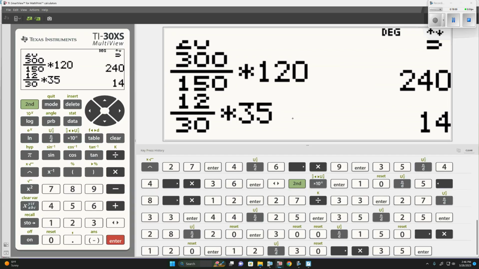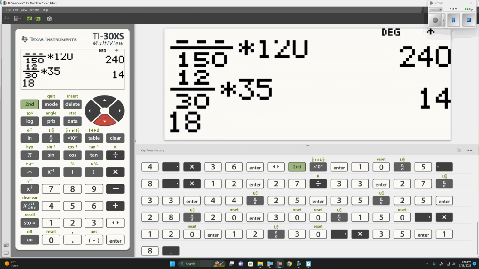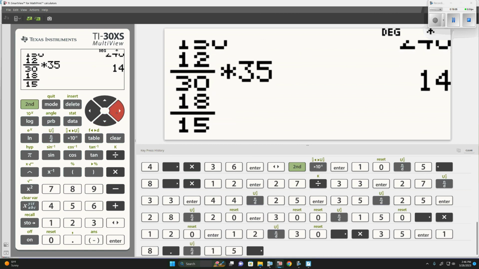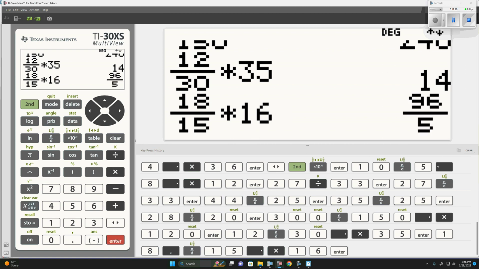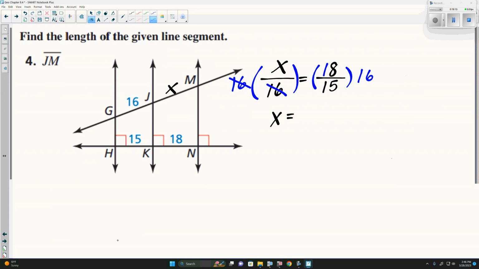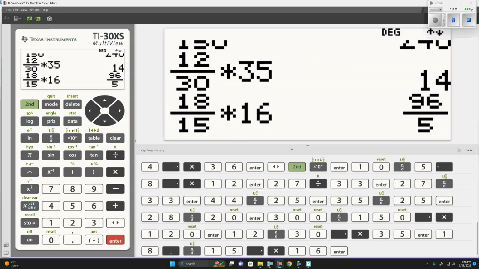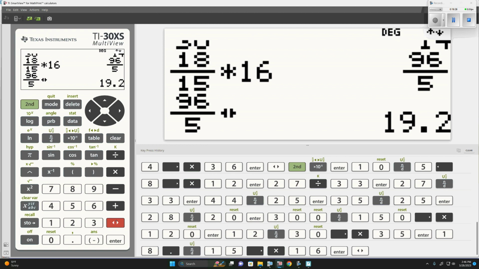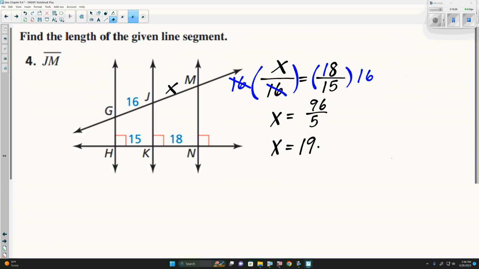So 18 over 15, and we're going to multiply that by 16 and get 6 over 5 times 16. Where x is, well, it actually wouldn't be approximate. That would be a pretty nice number. 96 over 5 is 19.2. Either one of those will work.